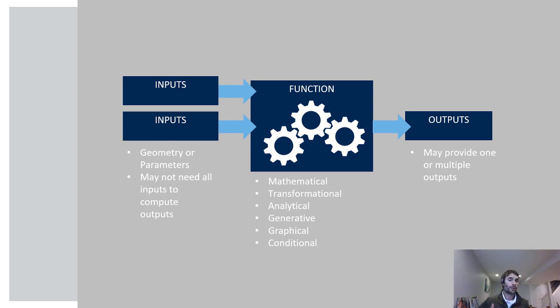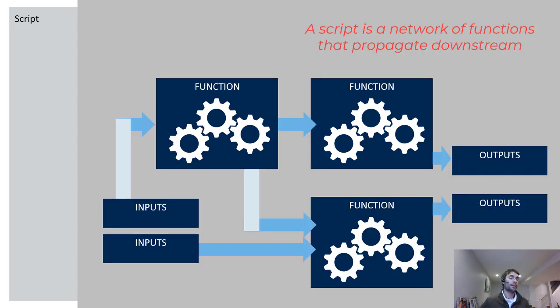And what we're really looking at when we get into these visual programming tools like Dynamo is that we now have the ability to have a script, okay? And it's essentially that. Now we're still running inputs, but instead of one function that's kind of linear, we're able to tie together multiple functions.